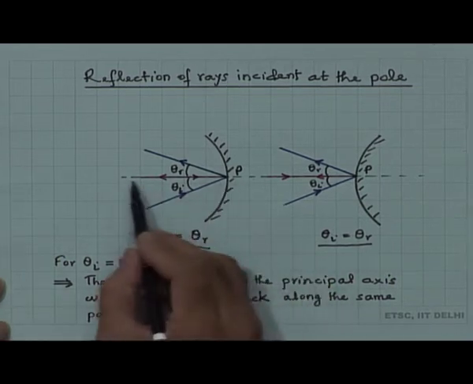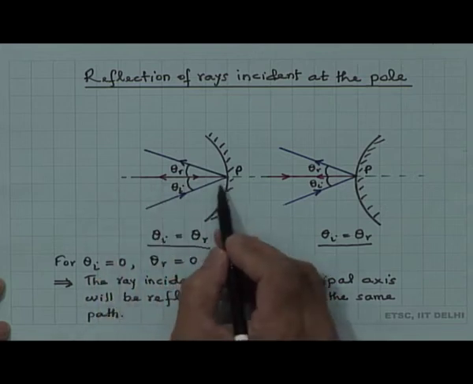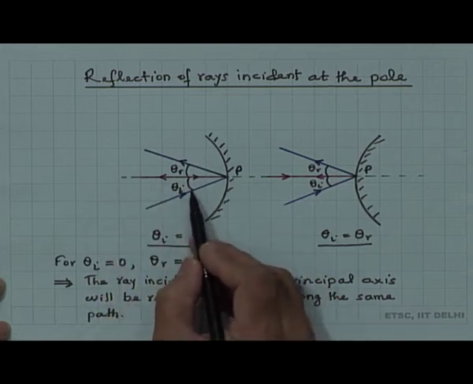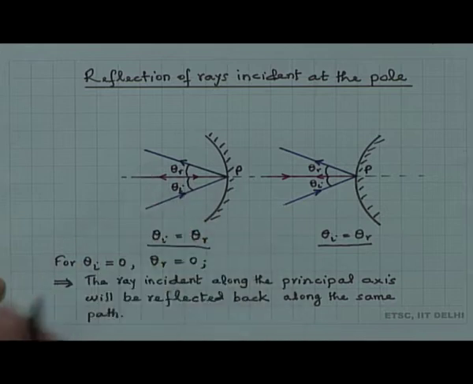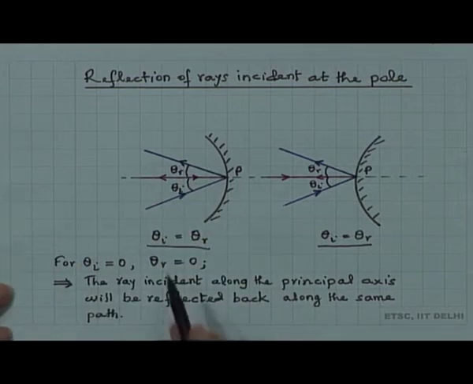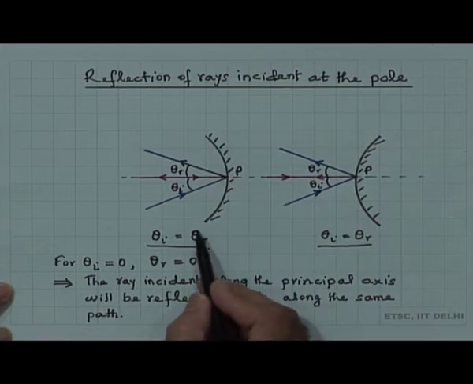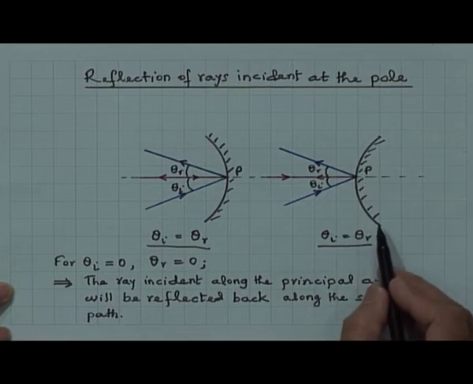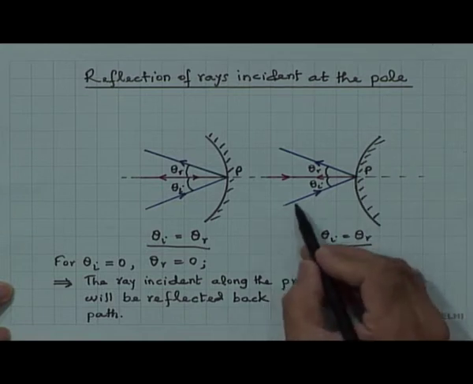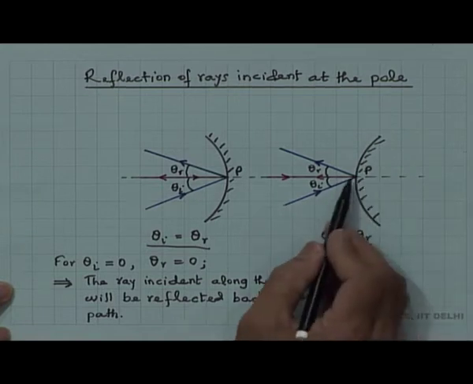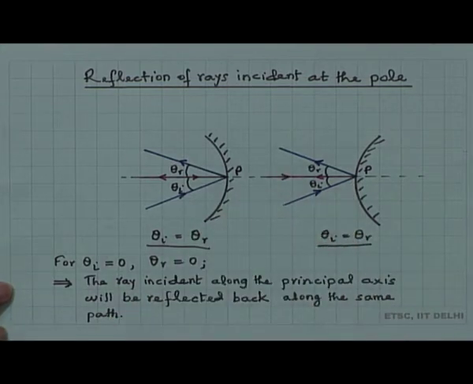The angle of incidence is theta i, then the reflected ray will follow a path such that the angle of reflection is equal to theta r. Note that whether it is a concave mirror or a convex mirror, the ray of light incident at the pole will get reflected in this fashion. Theta i is equal to theta r.